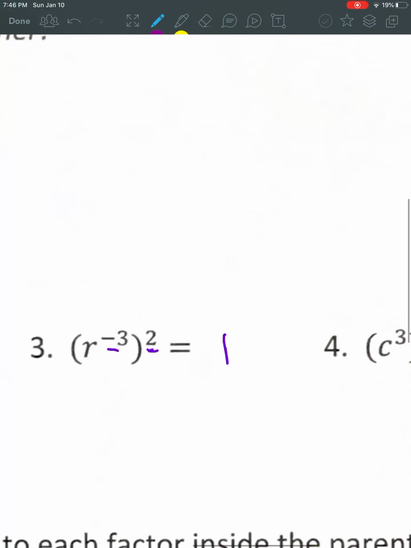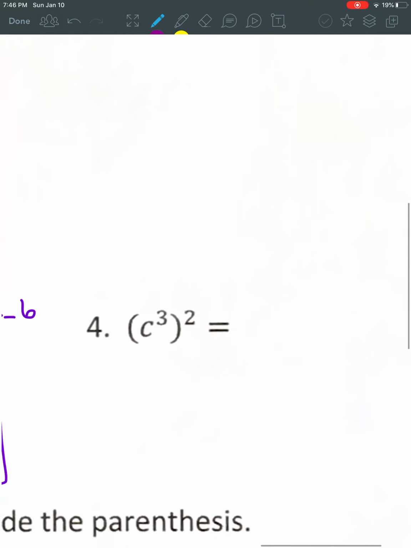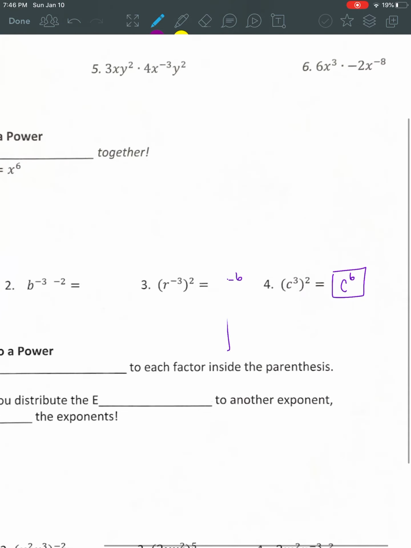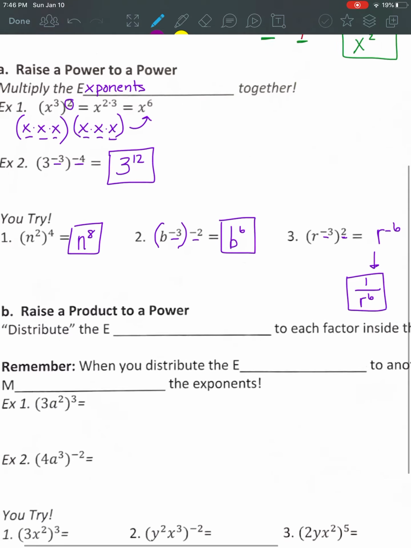Then here, negative times a positive, so we'd end up with r to the negative 6th, but that's not simplified. We need to rewrite that as 1 over r to the 6th. And last one, multiply c to the 6th. It's positive. So we're done. All right, so that's that rule.